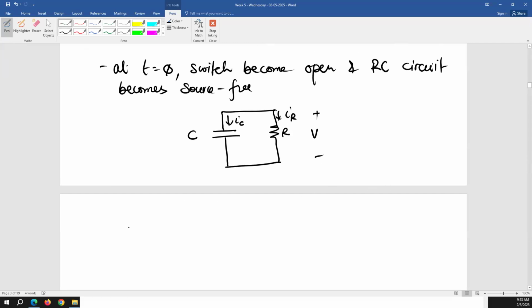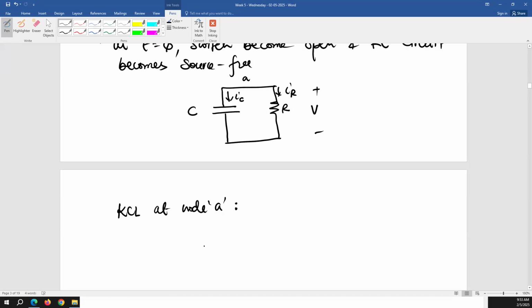All right, let's go ahead and apply KCL to figure out what will be the expression for the voltage V for time t greater than or equal to 0. KCL, yes, you can call this node A. All right, what will be the expression for KCL?